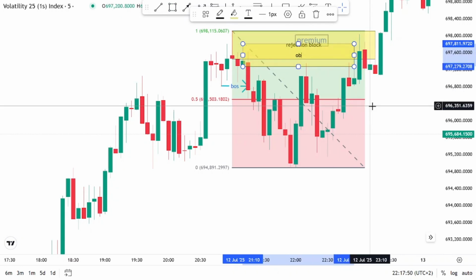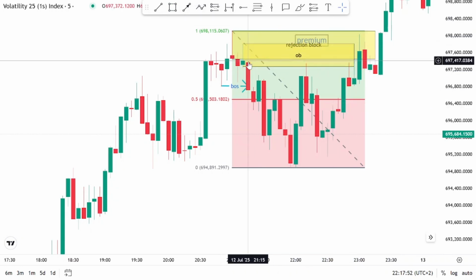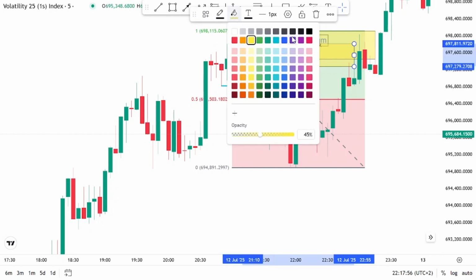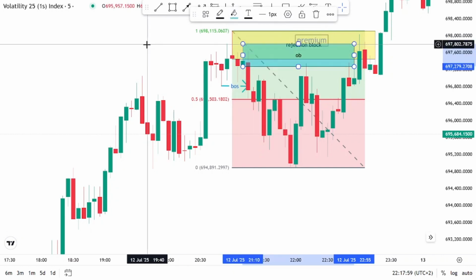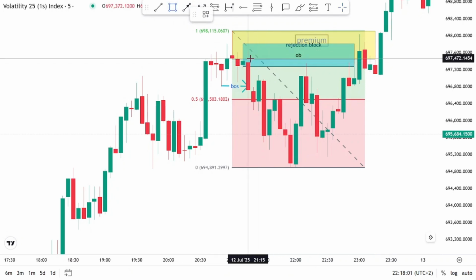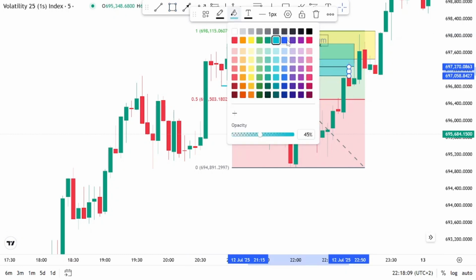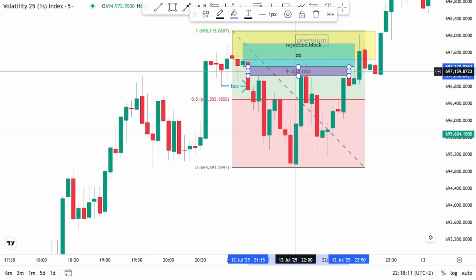Order block, it's blue. And then we have our fair value gap, all in the same area. Let's make it purple. Fair value gap.